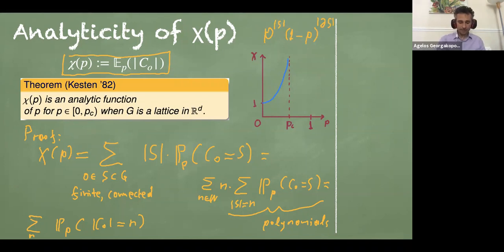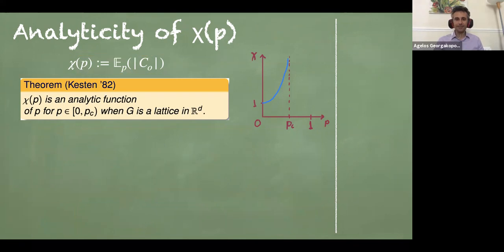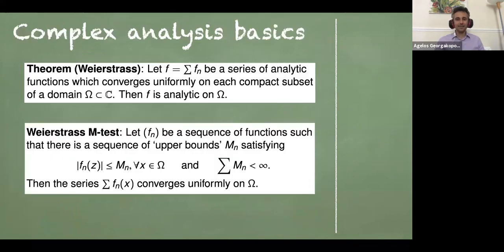So I have expressed the function chi I'm interested in as a series of polynomials. And I know each polynomial is easily an analytic function, but when is such a series of polynomials analytic? I look into my old dusty books of complex analysis and I find these classics. You have seen them probably a long time ago.